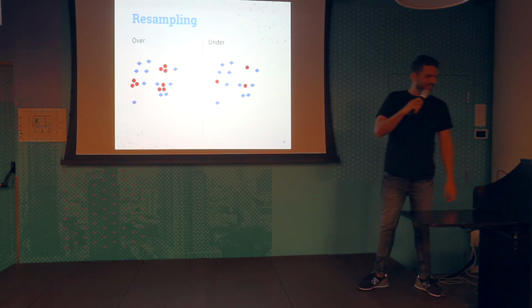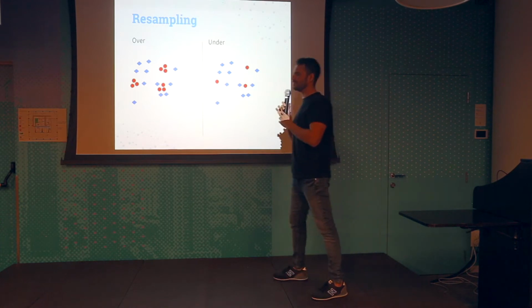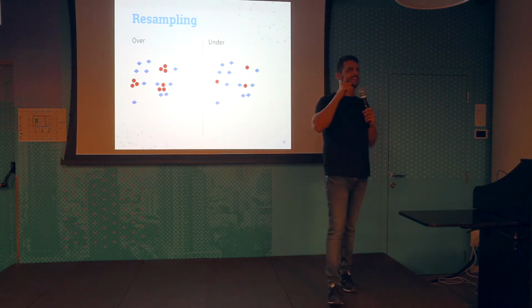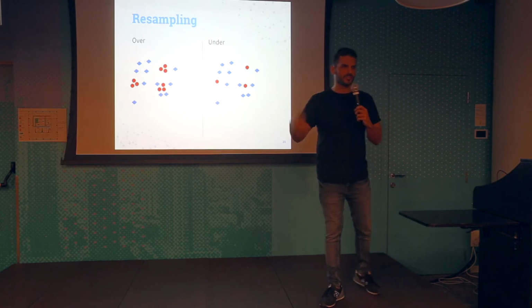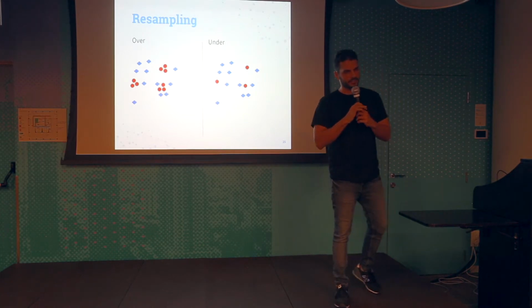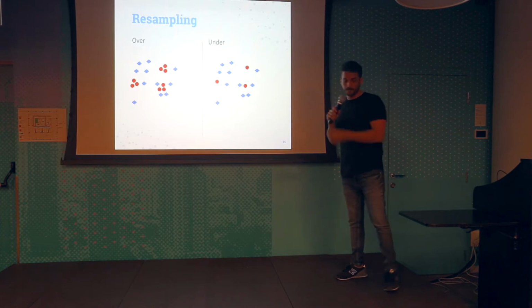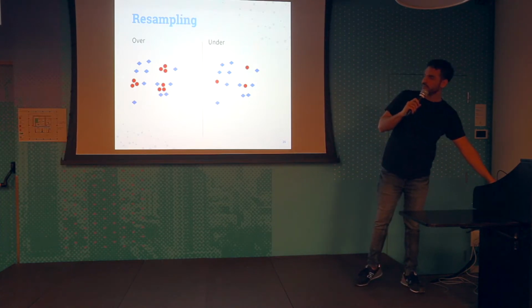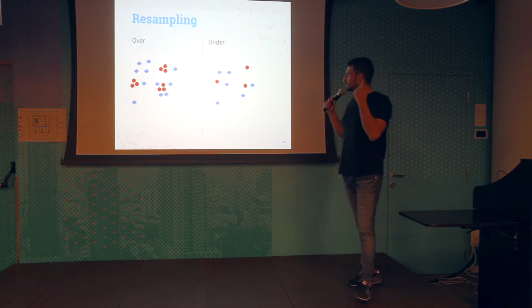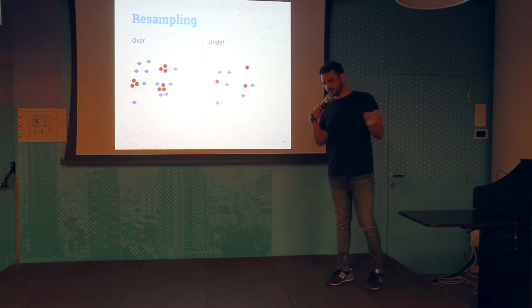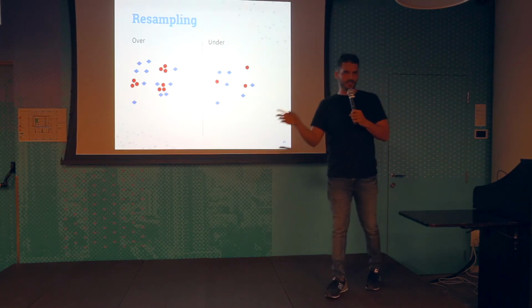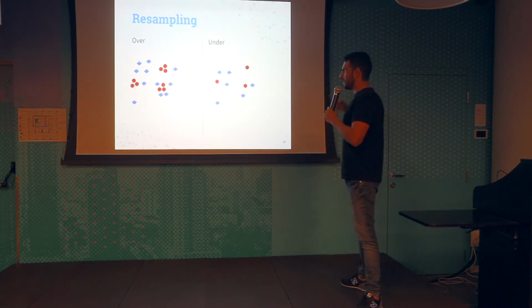Basically you take the minority data points and you just multiply them. You just sample them over and over again until your data set is balanced. In random undersampling, you guessed it, you randomly select from the majority class and you take the samples out until the data set is balanced.